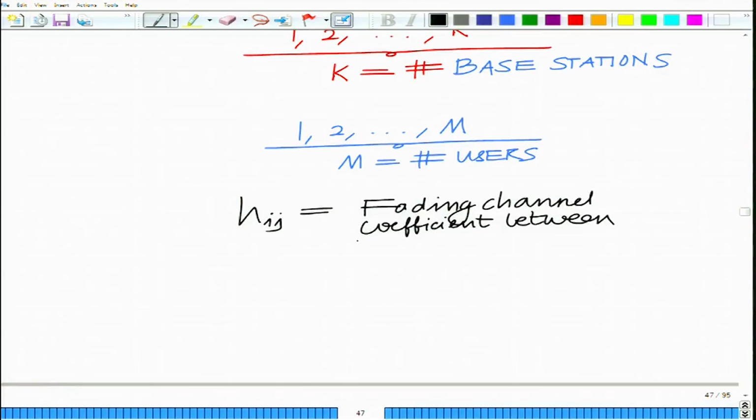Okay, so this is the fading channel coefficient between the ith base station and the jth user.